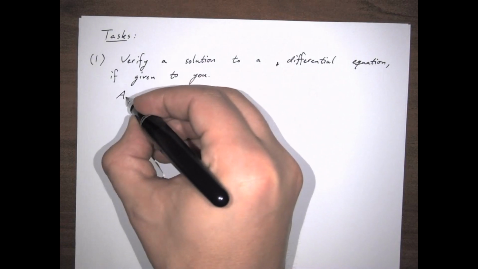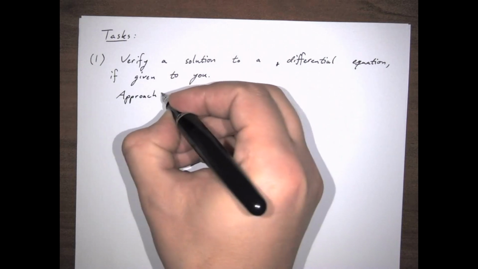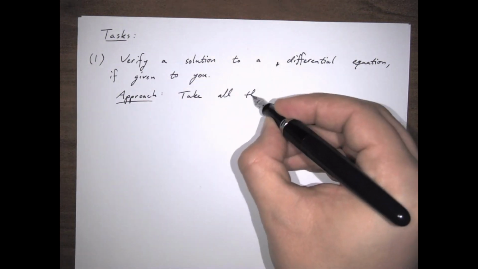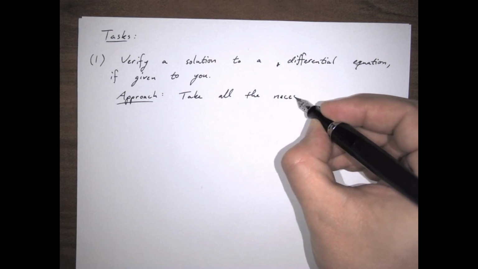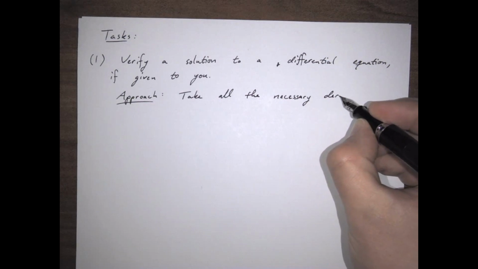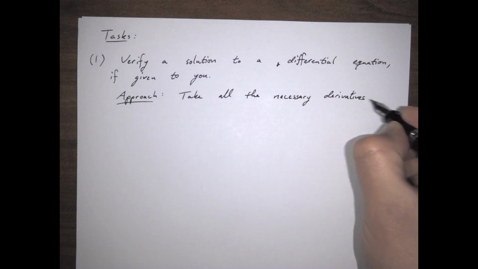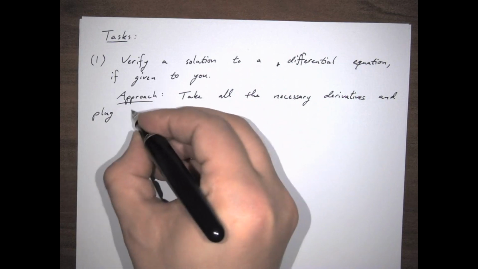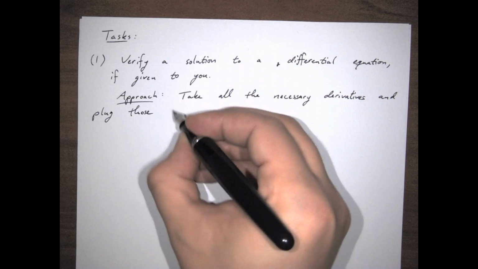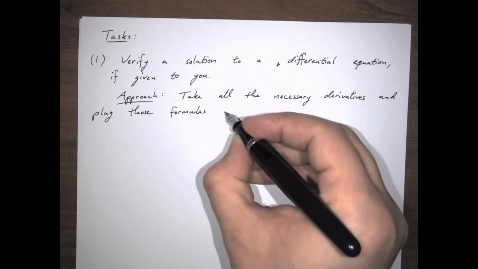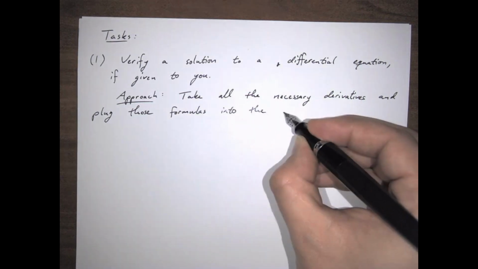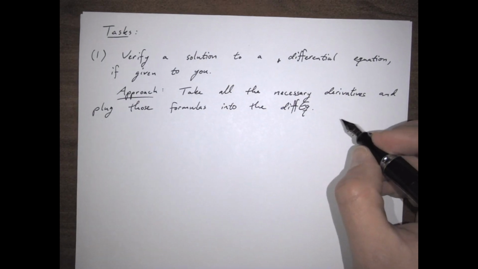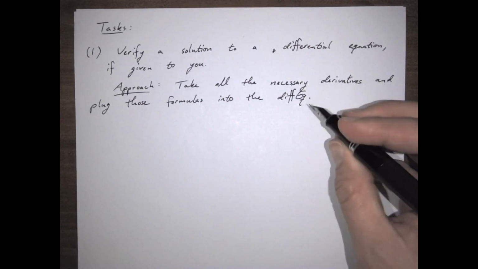And so the approach here would be to take all the necessary derivatives and plug those formulas into the differential equation and just confirm that the left-hand side does equal, in fact, the right side, which is, of course, what equations are supposed to do.